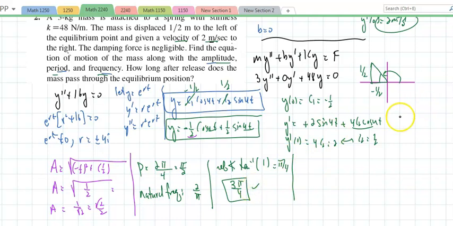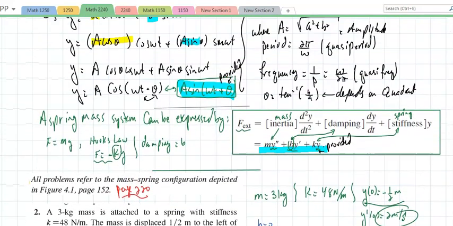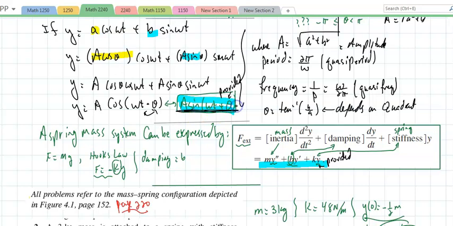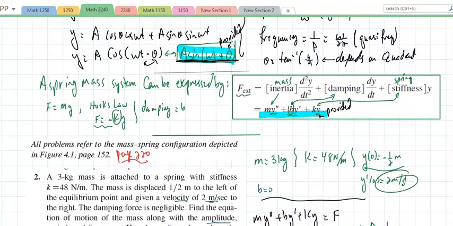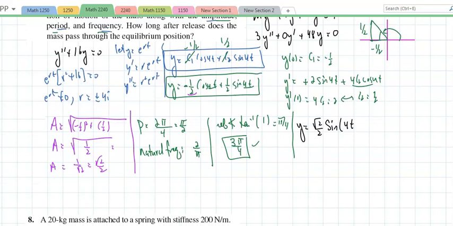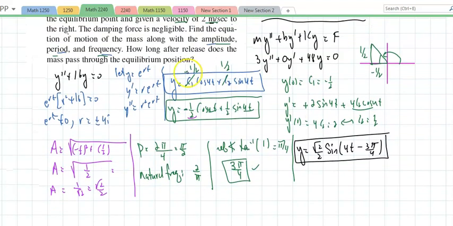And by doing so, y equals radical 2 over 2 times the sine of omega, which is 4t, plus the shift, so since it's shifted to the left, 3 pi over 4. That would be it.